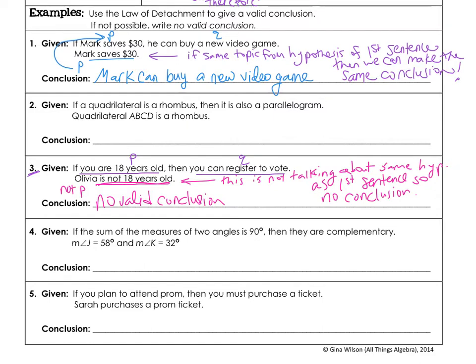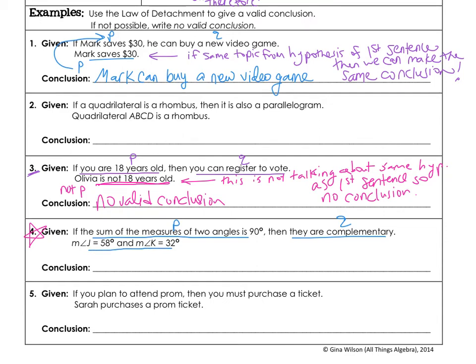I want you to answer number 4 yourself and figure out if you can make a valid conclusion. All right, so you should have noticed that here is our P, here is the Q, our conclusion. So the sum of the measures they're talking about, and then they're complementary. So how does the angle J and K match up?